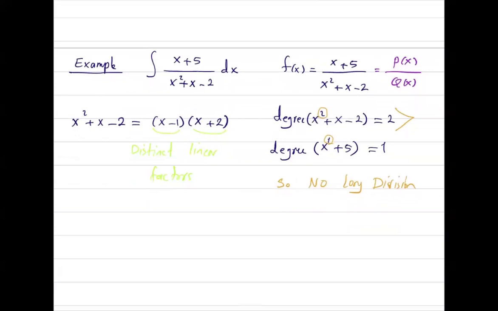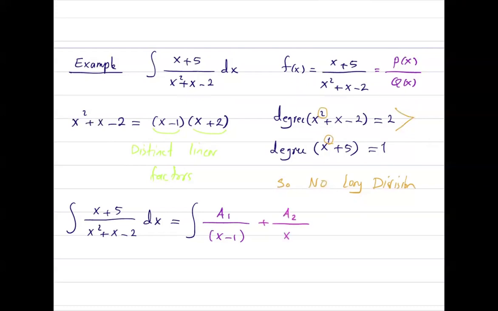This integral of x plus 5 divided by x squared plus x minus 2 dx can be written as the integral of a1 divided by x minus 1 plus a2 divided by x plus 2. Then we take the integral of each one of these with respect to x.